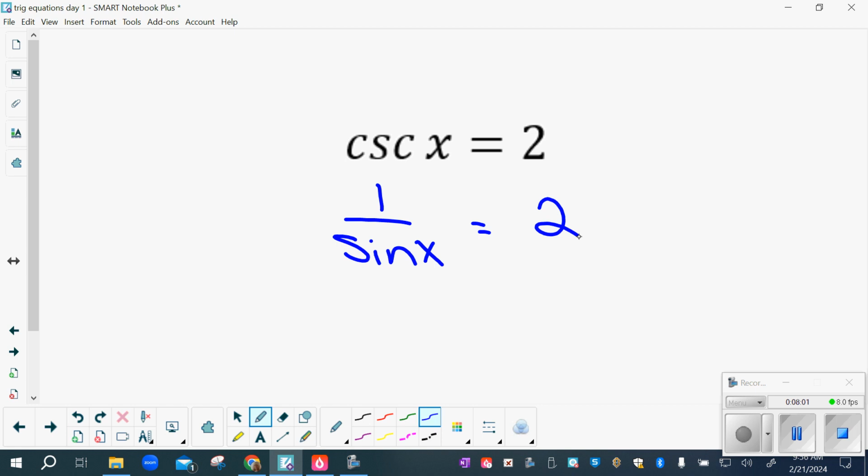Okay, here's an algebra thing that we have. If I flip one side, I can flip the other side and I'm good to go. I don't want 1 over sine. Flip that upside down. Make it sine over 1 and flip this one upside down. Look on your unit circle.